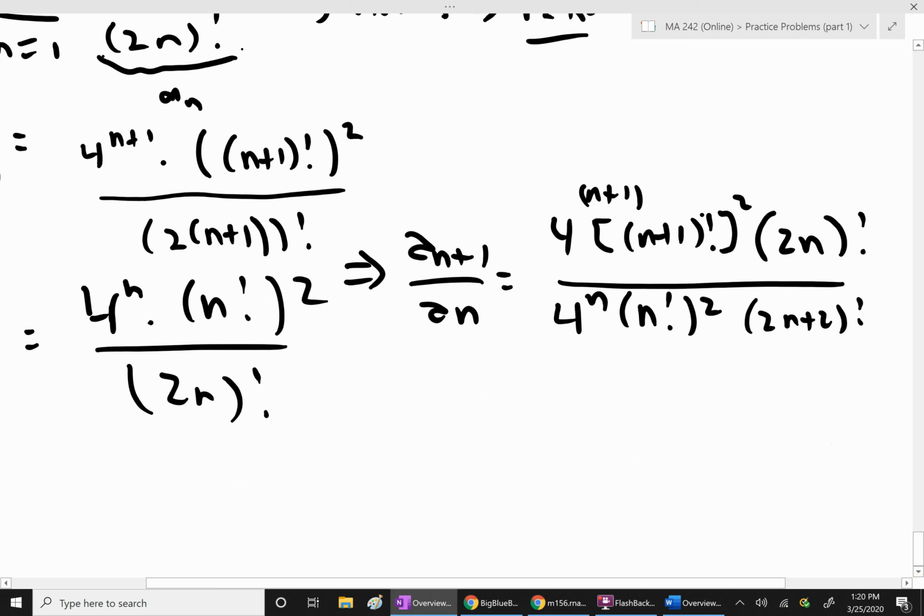And the hallmark of a problem when the ratio test is suited for that particular problem is that you'll get a lot of cancellation. So the hallmark of a good ratio problem is that you'll get a lot of cancellation. And what I'm going to do to kind of highlight that is I'm going to break this apart like this.